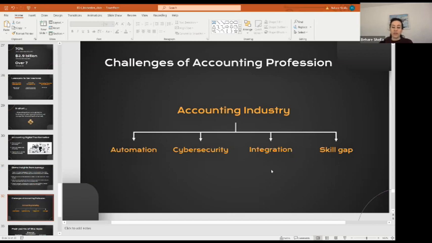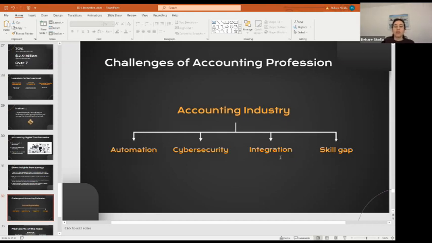While this process is for the benefit of decision making, it also is costly because the companies have to invest in new systems while they have to take care of the cybersecurity of their data and also the integration.